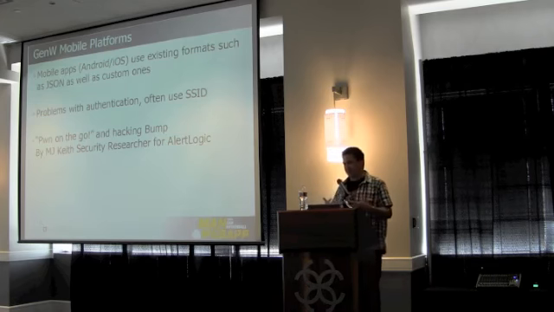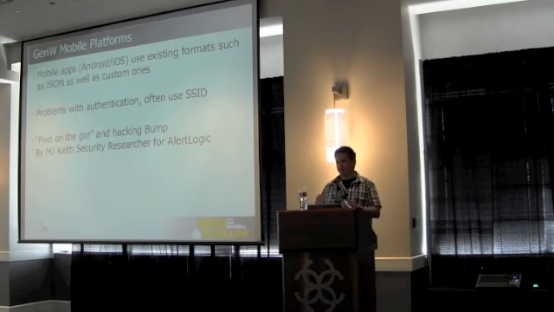if you're familiar with Bump, it's a little application where you can bump two phones together and they send each other the contact information. So instead of trading business cards, you bump these things and it transfers the contact information. The way it does that is by matching you up based on your location and timing: when did you bump and where are you.